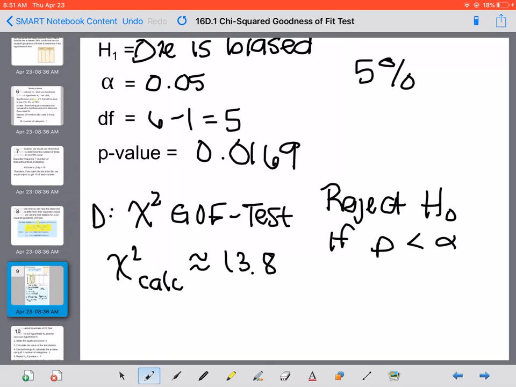So if we look at the p we found, it was 0.0169, and we compare it to our 0.05. Well, this in fact is less than.